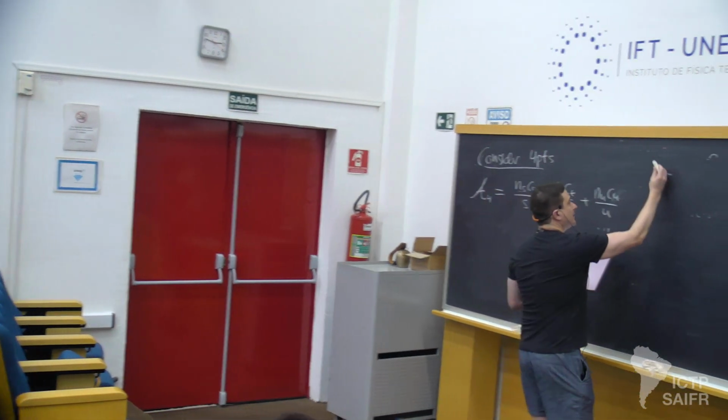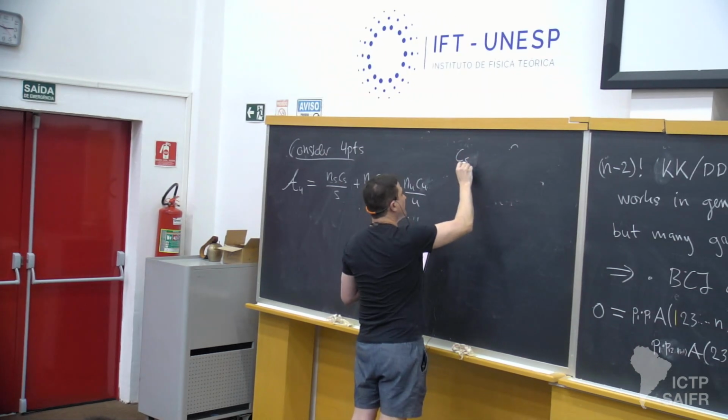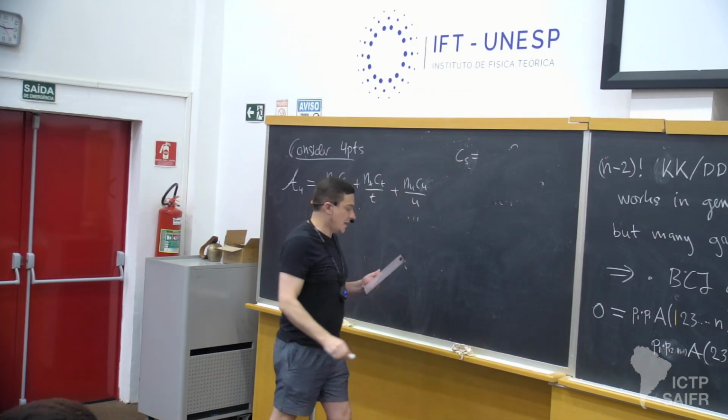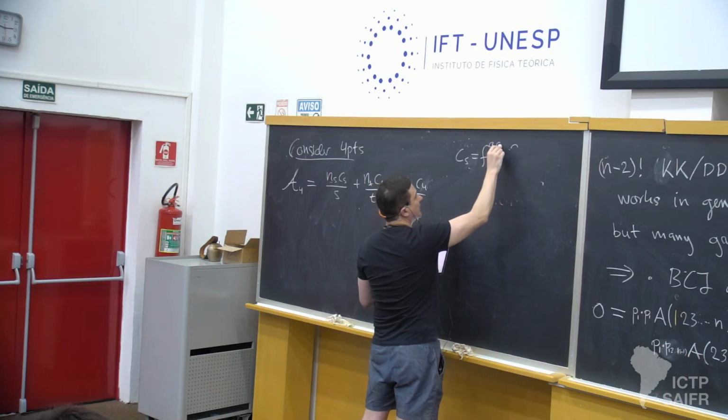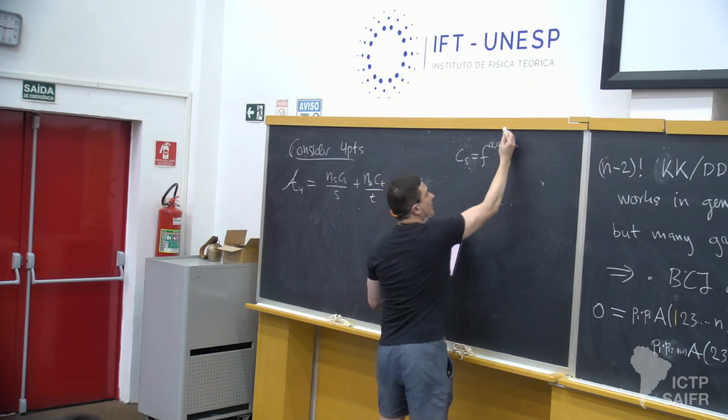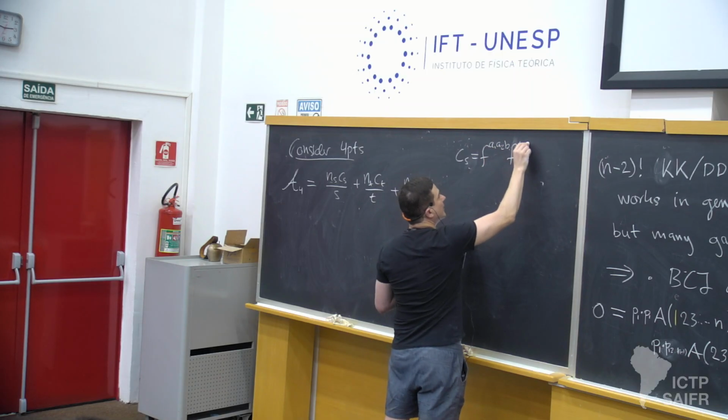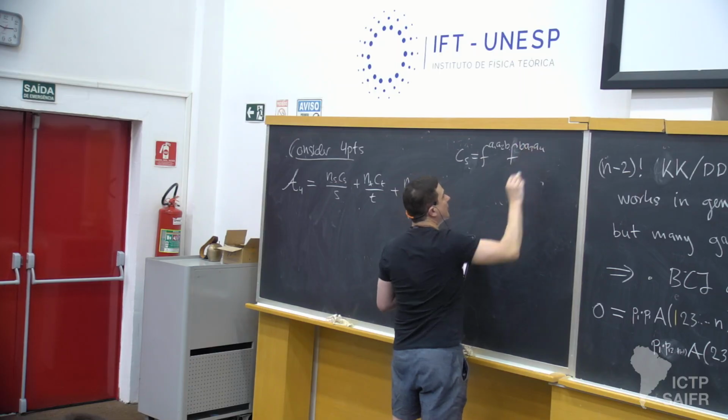And then I can say that our color factors, let me just give it in the S channel. So the S channel color factor is just f^{A1 A2 B} f^{B A3 A4}.